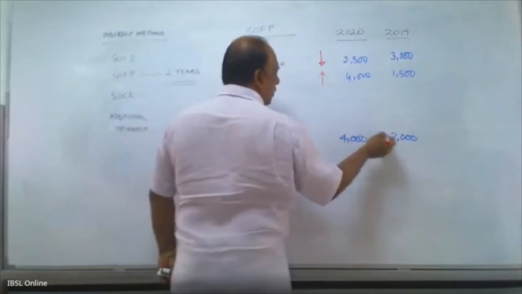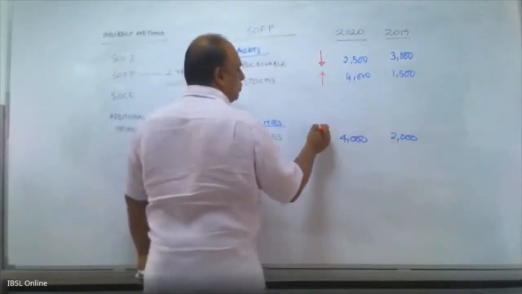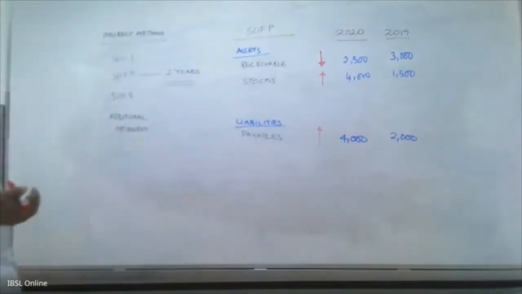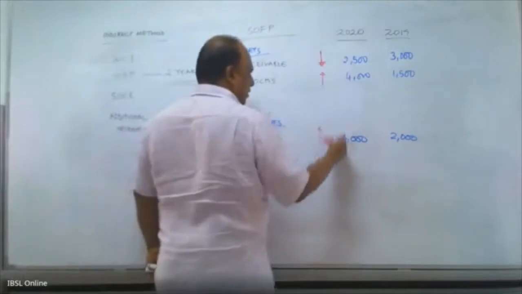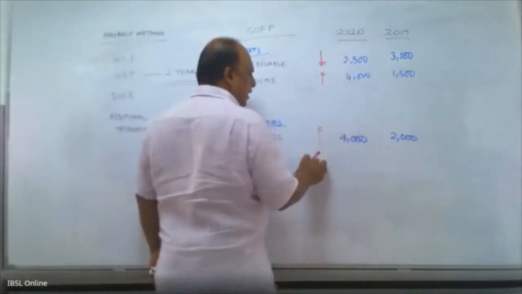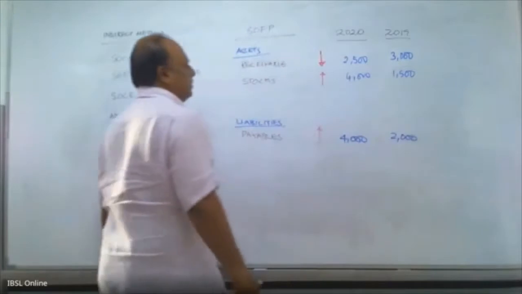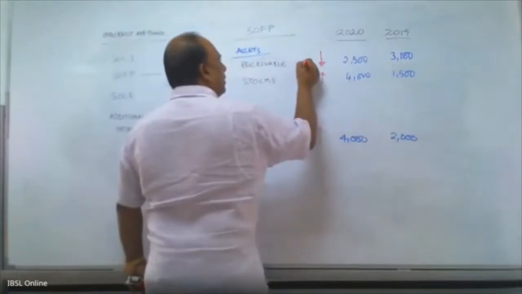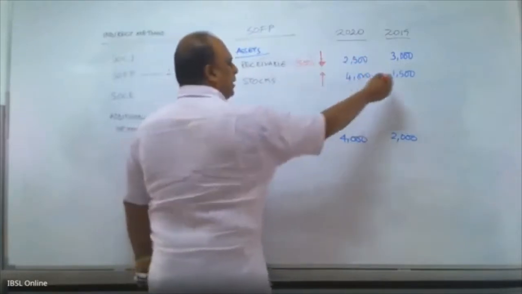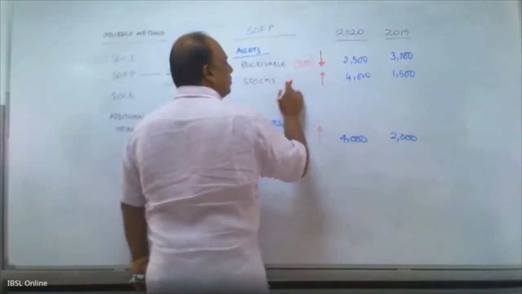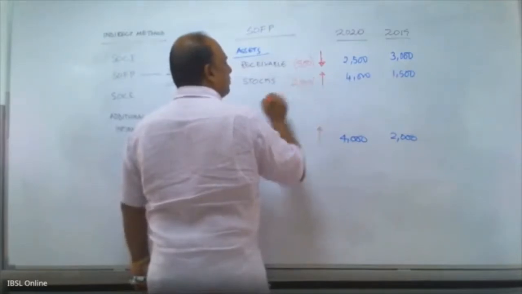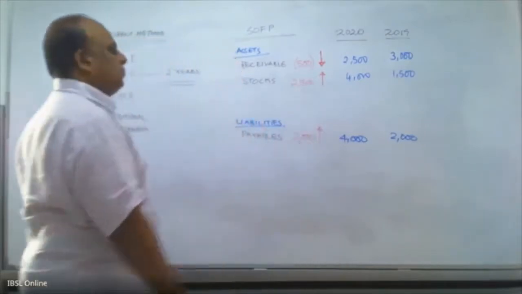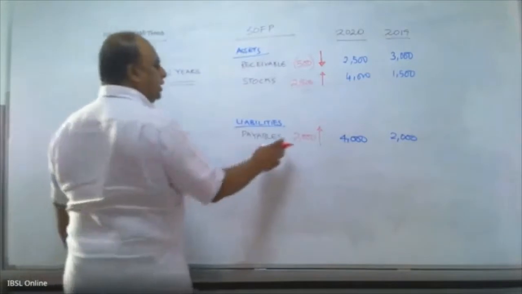Last year you had 2, this year it has gone up. So there is an increase. We always take the recent financial year as the latest and compare it with the other. So here there is a decrease of 500, here an increase of 2,500, and here an increase of 2,000, in terms of value.